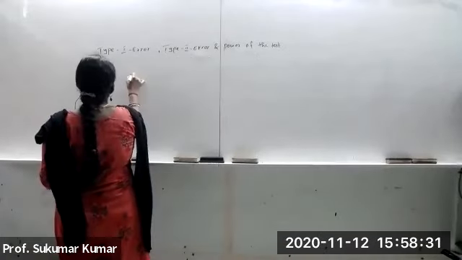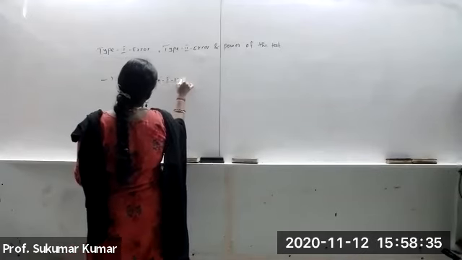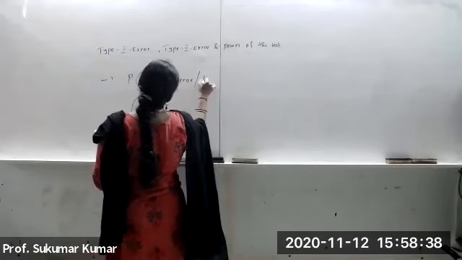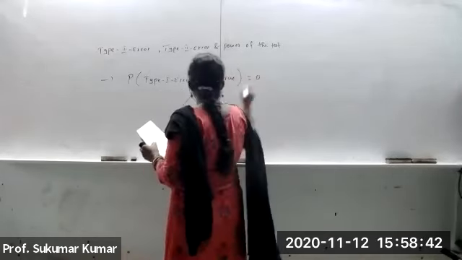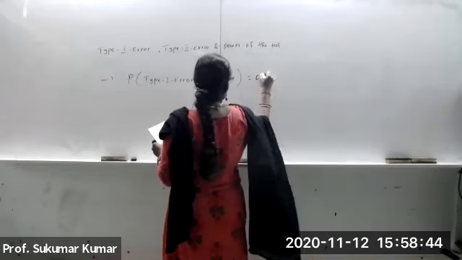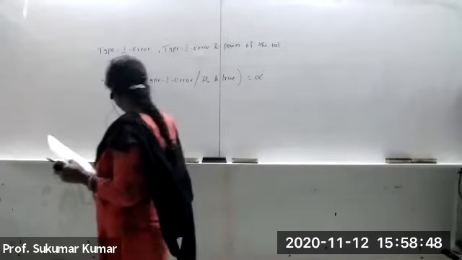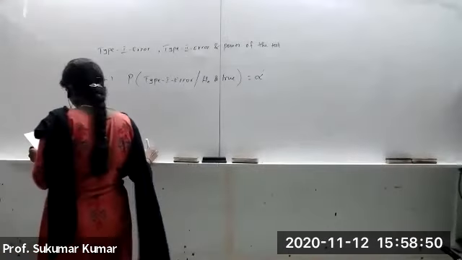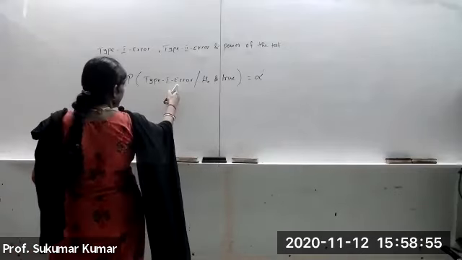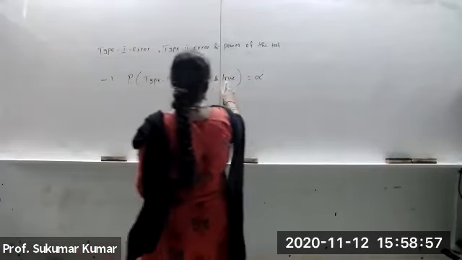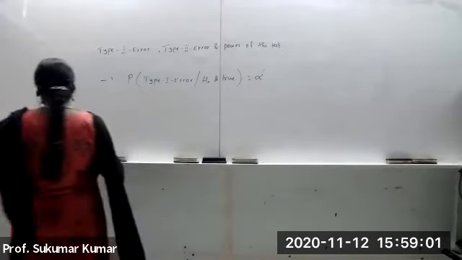That is, P of type 1 error given H0 is true equals alpha.